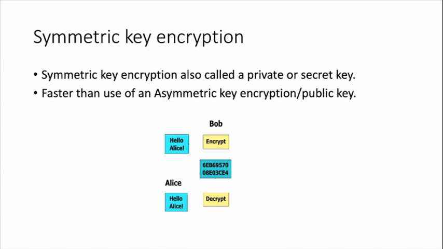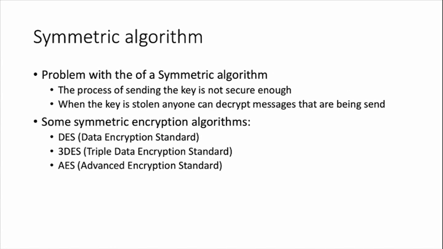So how does it work? Let's say we have Bob and Alice. Bob and Alice agree on a key. Bob encrypts the message using the key and sends Alice the encrypted message. Alice decrypts the message using the key. Well, there are some problems with this method, one being that the same key is being used to encrypt and decrypt data, which means that the key needs to be securely stored to prevent attackers from gaining access to the key.